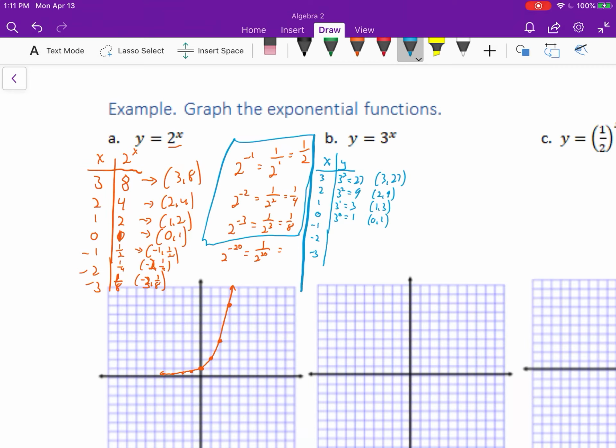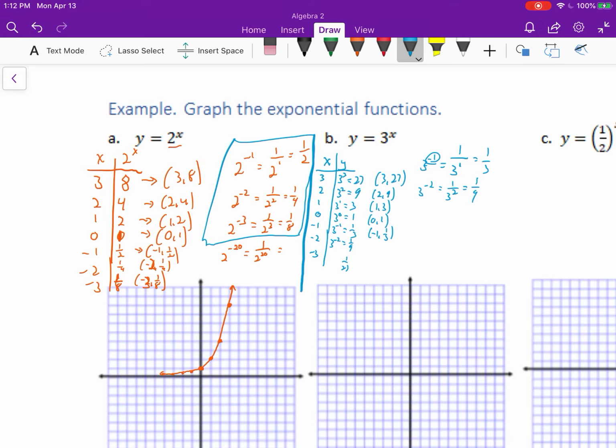As we noticed before with our negative exponents, it's going to be 1 over that thing. So 3 to the negative 1 means 1 over 3 to the first, which is 1/3. 3 to the negative 2 is going to be 1 over 3 squared, which is 1/9.